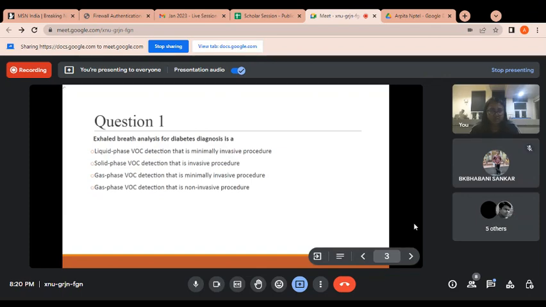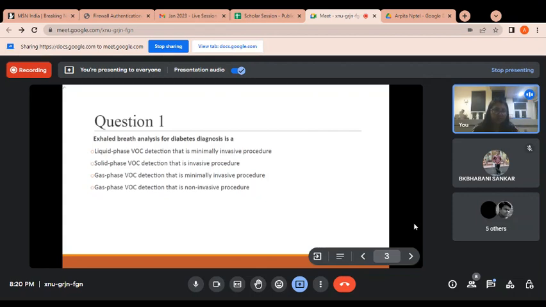So at first tell me what is an invasive process, what is a non-invasive process, and what is minimally invasive. Do you have any idea? No, ma'am. Okay. See, for an invasive process, we have to put the device into our body. And for a non-invasive process, we detect gases or some liquid outside of the body.